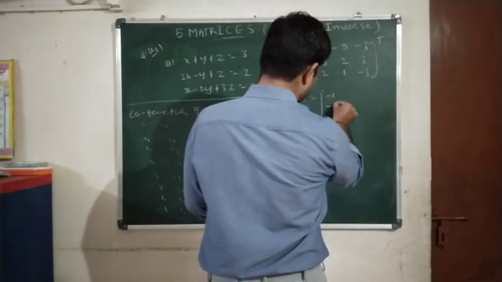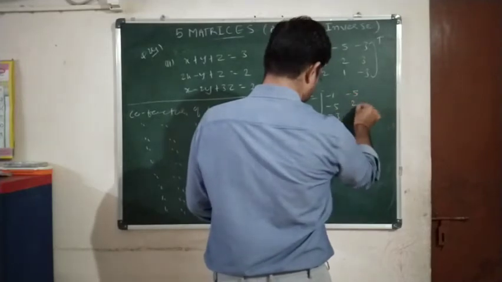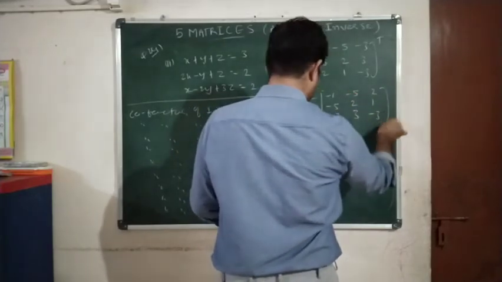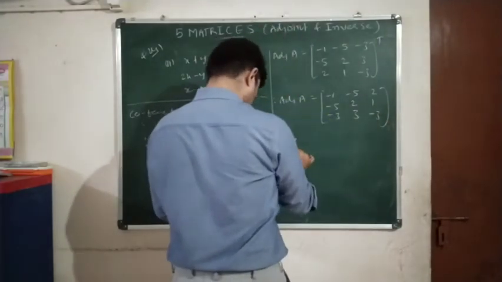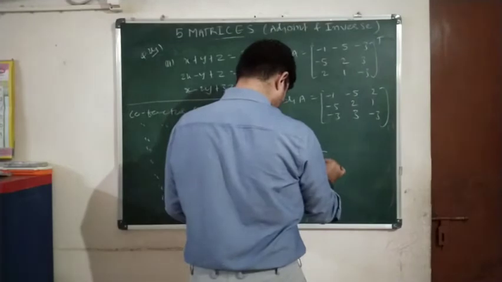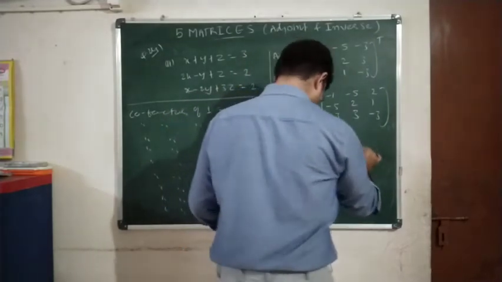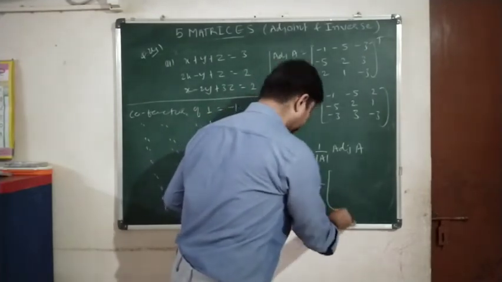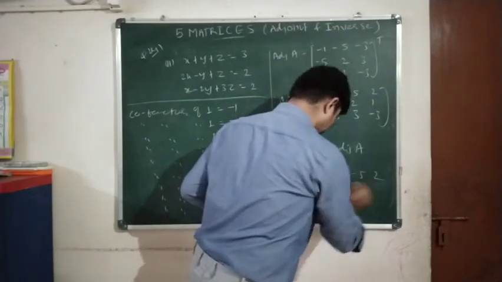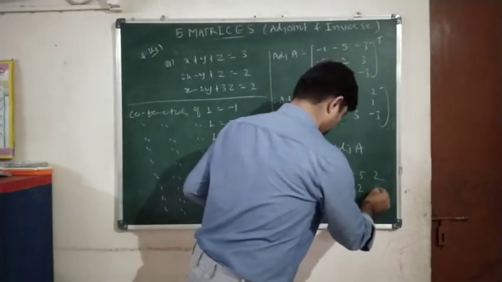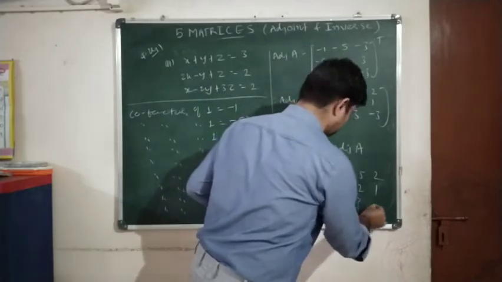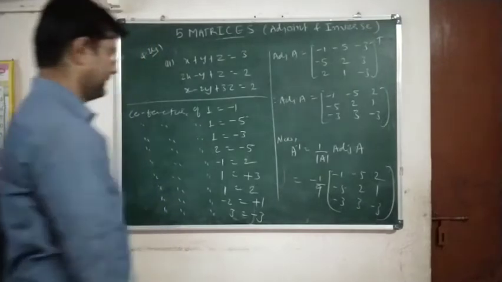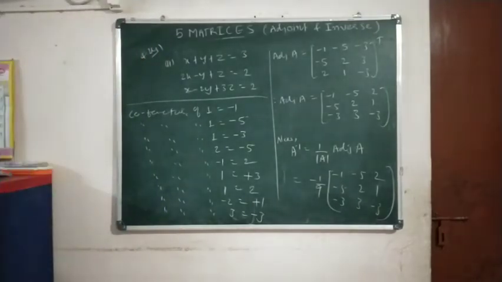So A inverse is equal to 1 upon determinant of A into adjoint of A, which is minus 1 upon 9 times the matrix minus 1, minus 5, 2; minus 5, 2, 1; minus 3, 3, minus 3. Okay, so we have got the A inverse.